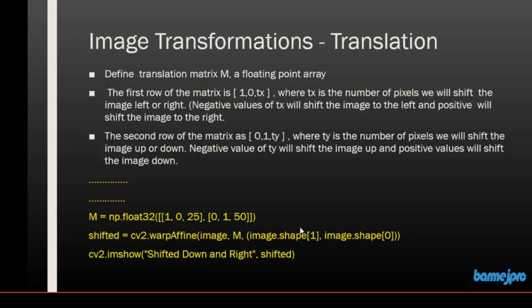Here I am dynamically getting the width and height based on the image property itself. image.shape[1] will fetch the width of the image and image.shape[0] will fetch the height of the image. Once we provide all these details to the warpAffine function, it will return the translated image, and we are showing the translated image in the window. So this is the basic working of our code.